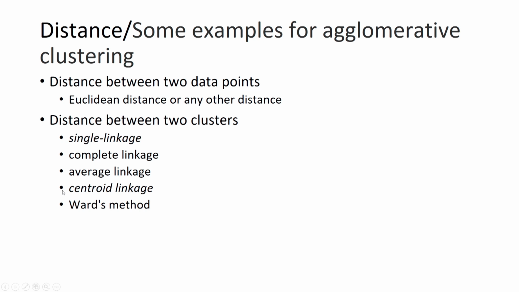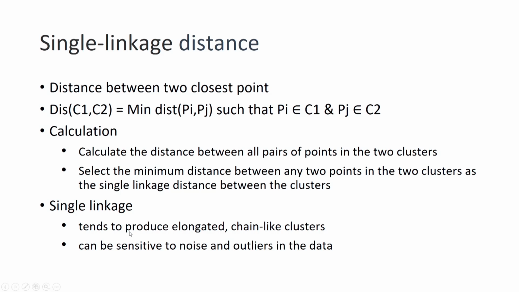There are different ways that we generally use to find the distance between two clusters. One way is single linkage, then complete linkage, average linkage, centroid linkage, and Ward's method. These are different ways. Let us see them one by one. In case of single linkage, what do we do?